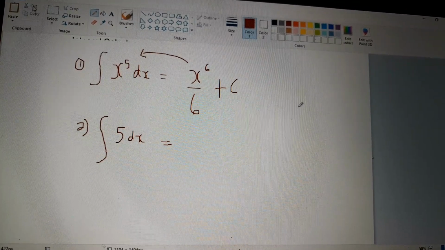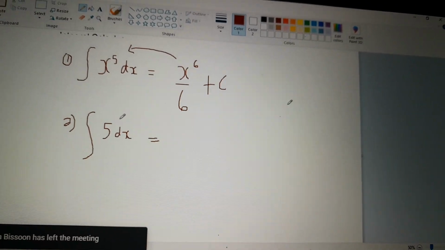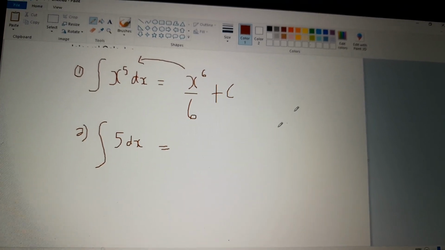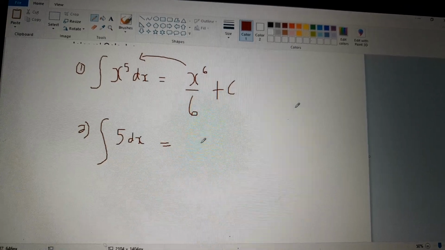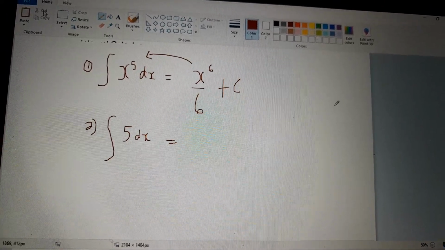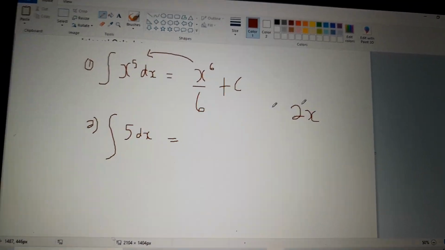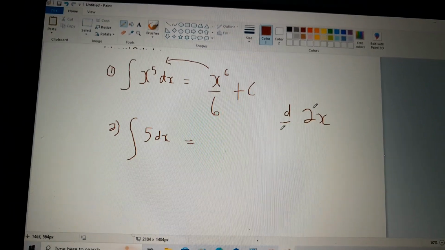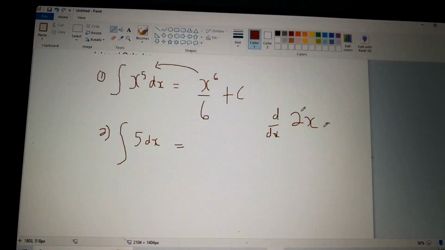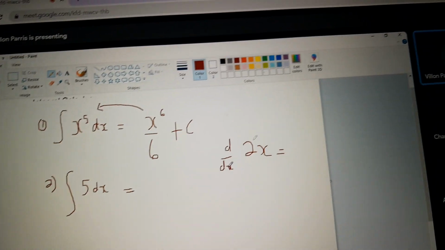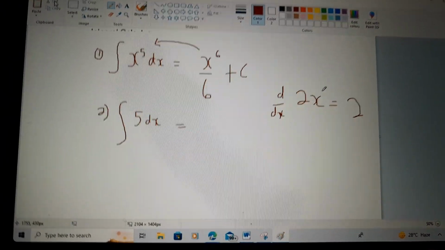Think about it. If I have 2x and I differentiate that, what will I get? Two.